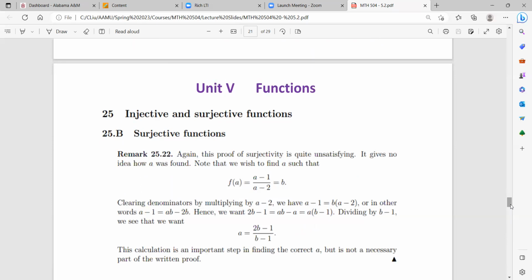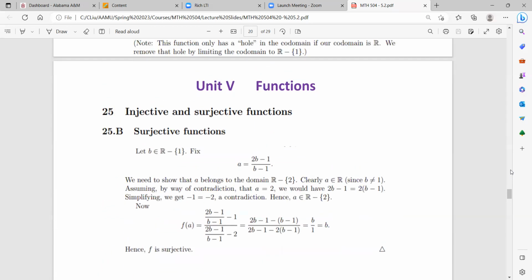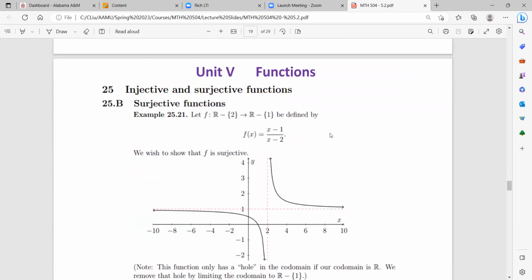So once again, this shows how we find this A value from B. Okay, so how did you find the A equals 2b minus 1 over b minus 1 given any b in the codomain? Okay, so what you do is just solve the equation of b equals a minus 1 over a minus 2. So, b is an arbitrary number in the codomain.